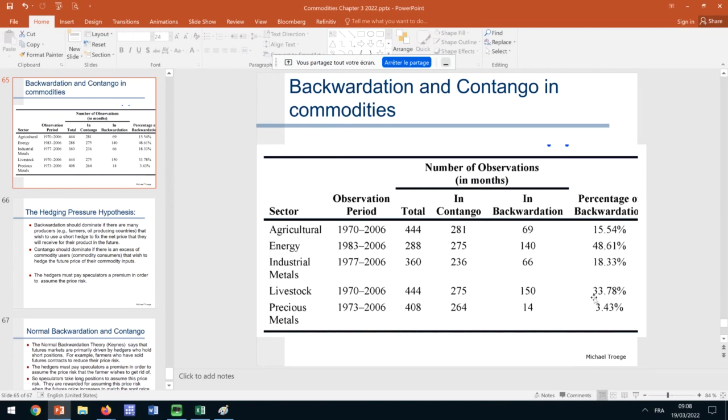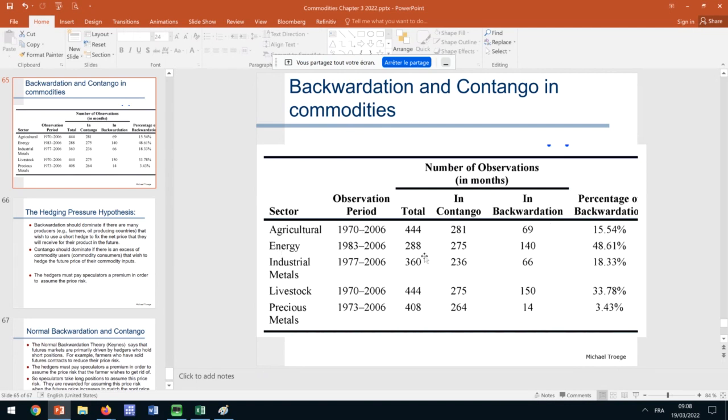Livestock is normally produced by small producers in the US. It's used by very large agriculture, McDonald's. They buy probably millions of cows. But the producers are still pretty fragmented, so they have to hedge. The big conglomerates that buy the securities don't have to hedge, so that means you get quite often backwardation, and energy also. You get quite often backwardation.